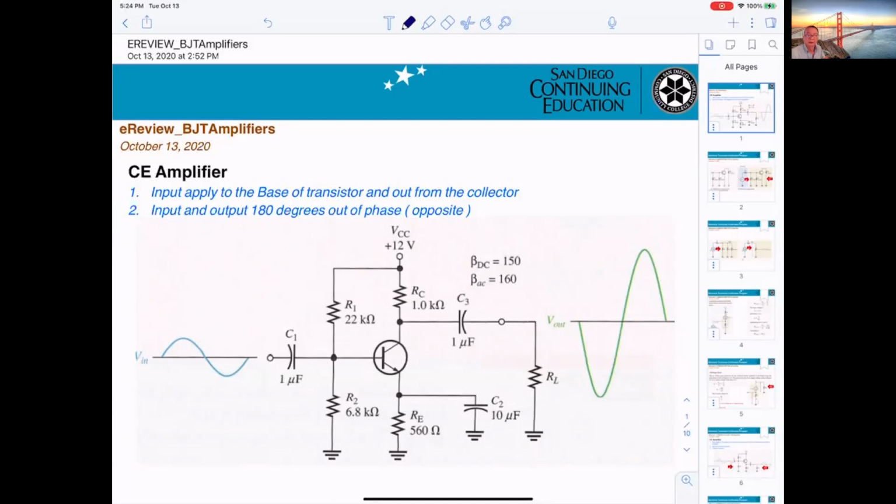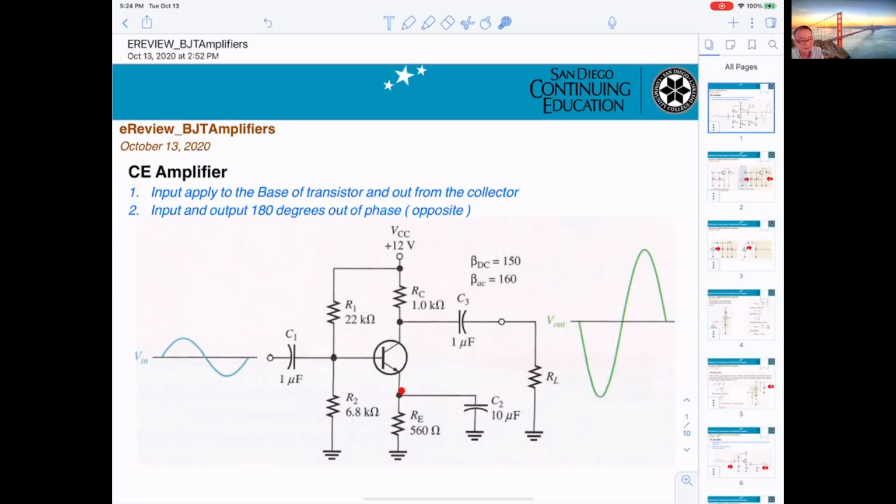Okay, now, if we're looking into the circuitry, you can see you get a sine wave coming in at the base. So you can see at the base here, you can get a DC voltage and AC voltage, okay? However, at the emitter here, you only get a DC voltage, but not AC.